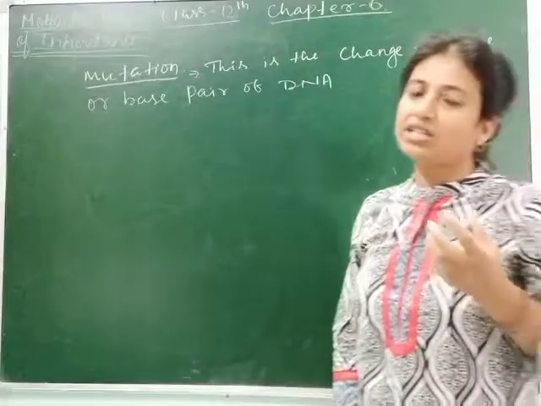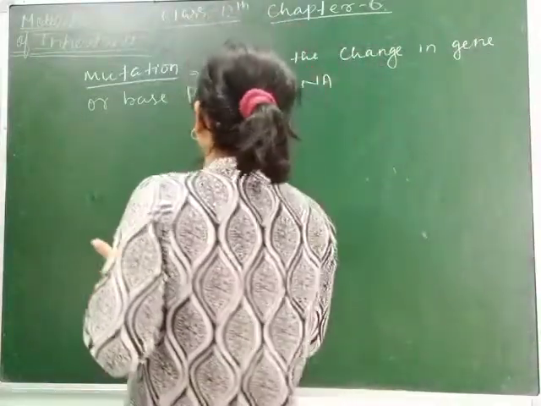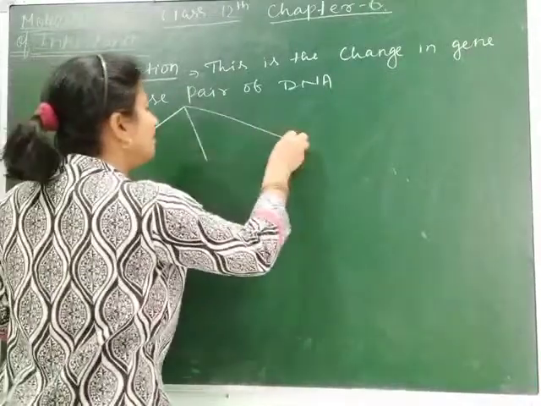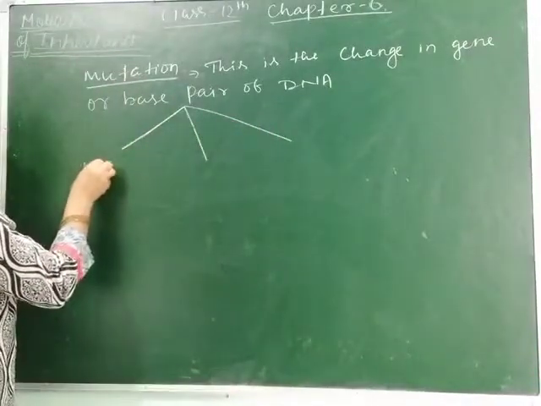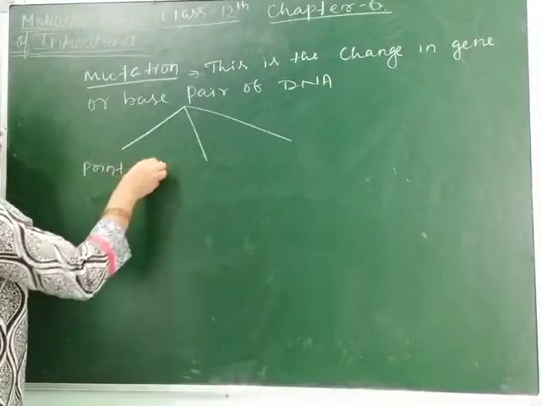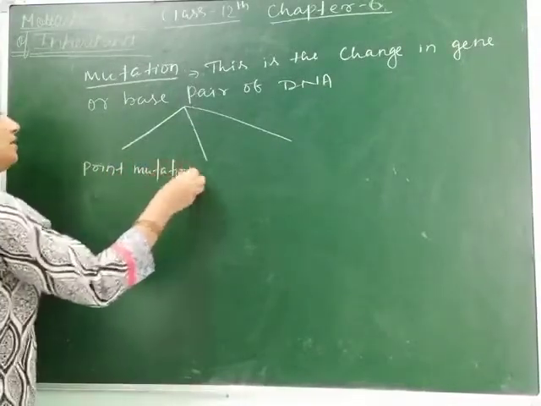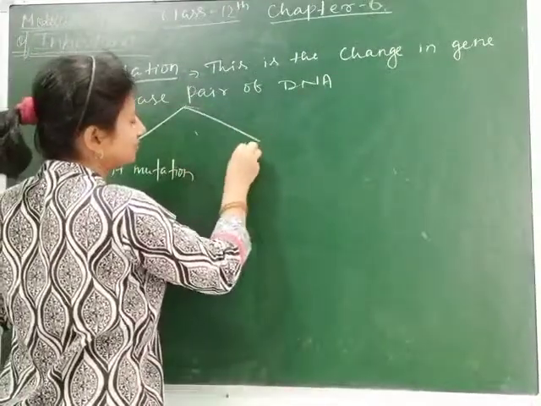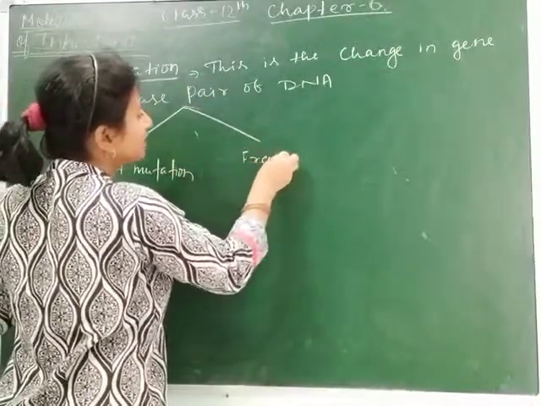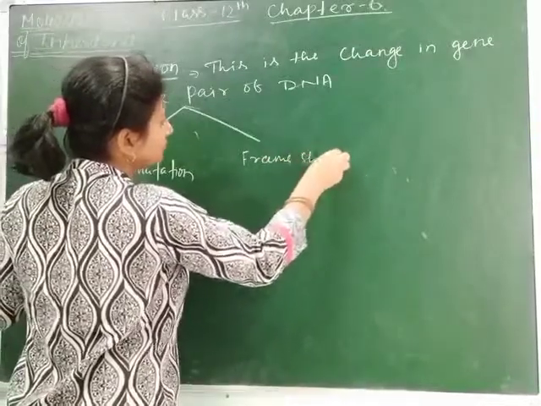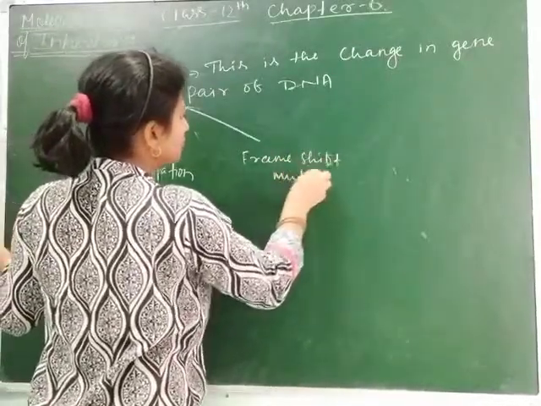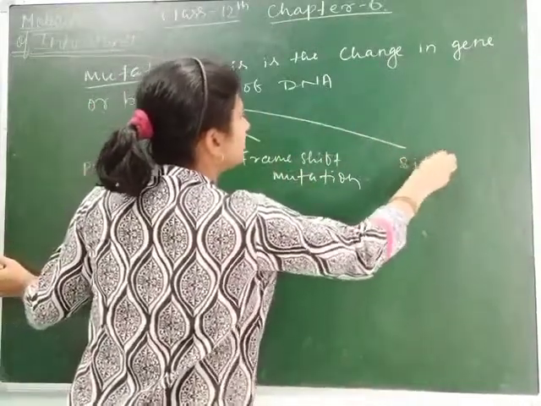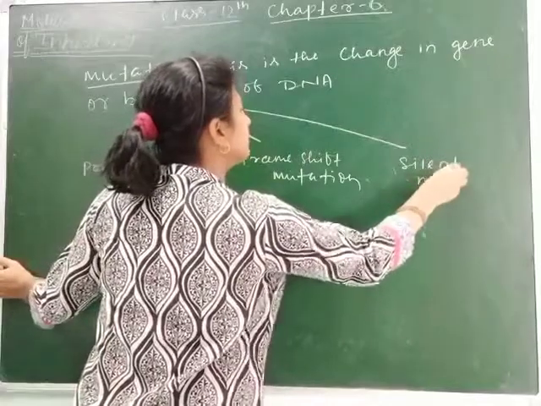Mutation is of different types. If we divide this, then it is of 3 types. One is point mutation, second is frame shift mutation, third is silent mutation.